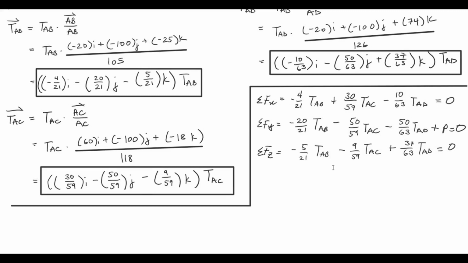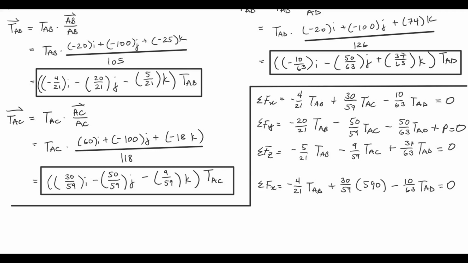There's a few ways to solve this, but I'm just going to use substitution. Therefore, using the sum of the forces in the x direction, I'm going to solve for tension AB in terms of tension AD. So I've simply just substituted in the value for tension AC into this equation.